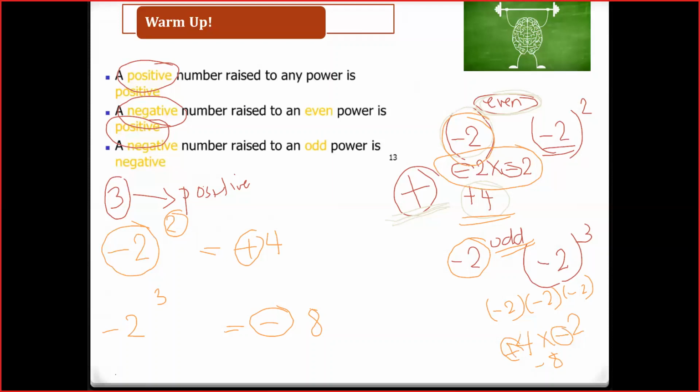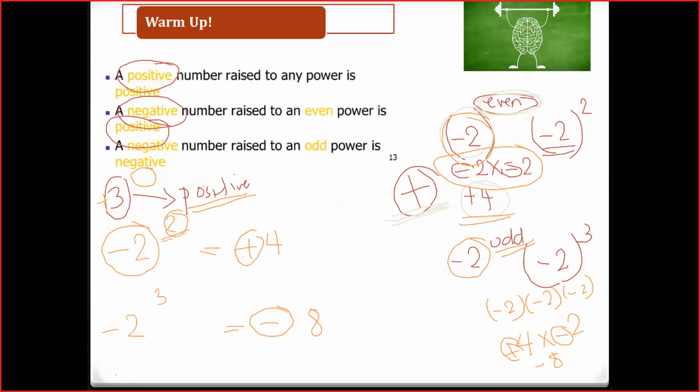The rule here is a warm up, and you have to know it from grade 7. If you have a positive number to any power, the answer is always positive. But if I am talking about a negative number, with the power even, the answer is positive.